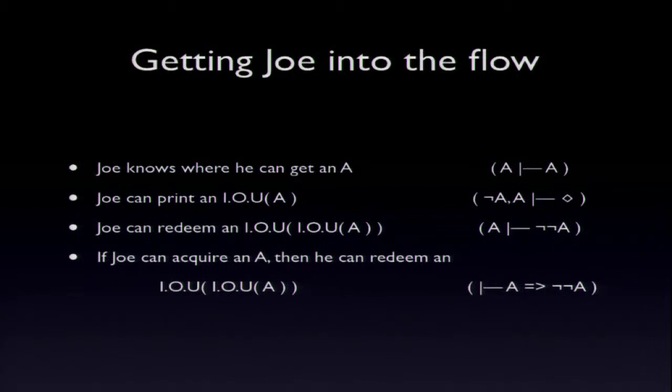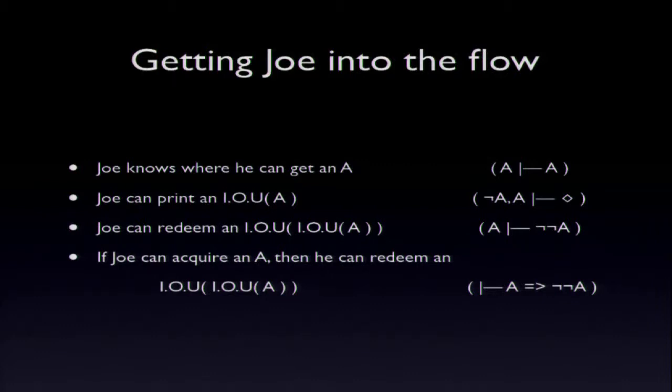So we're going to take this A and move it across to this side. So we take the A away from here, leaving no demands on the system, and then we move it over here, creating an IOU for an A. Well, look at that. What is an IOU? It's nothing more than negation. Okay?